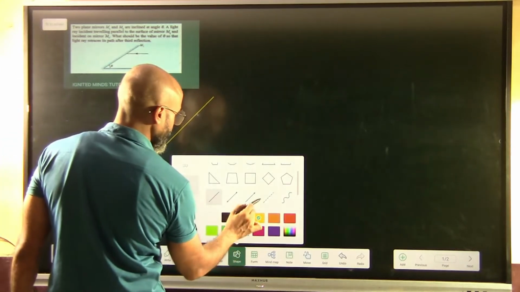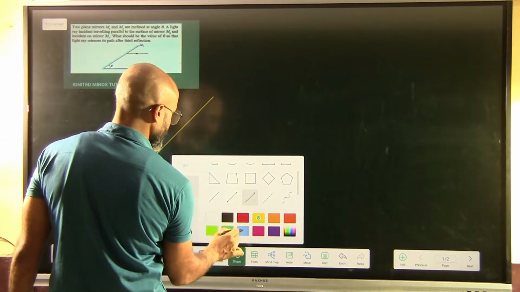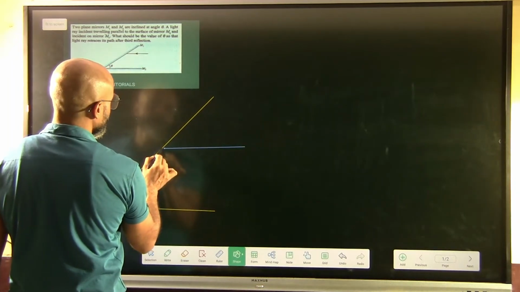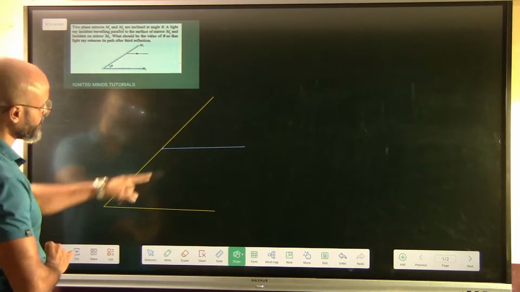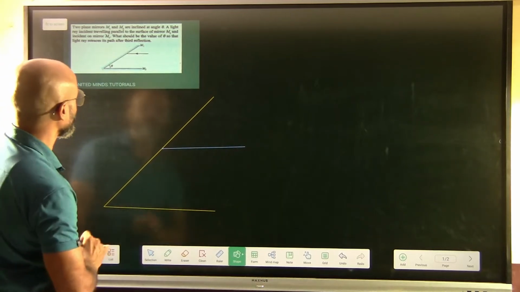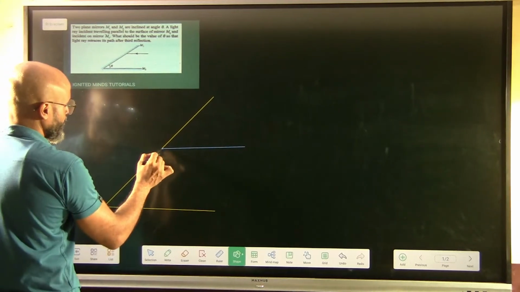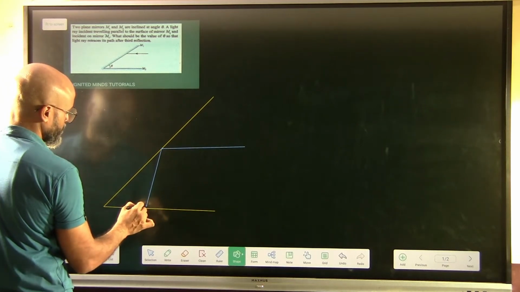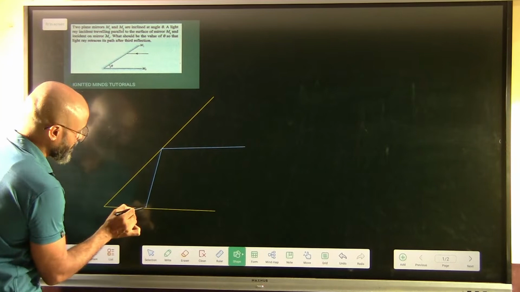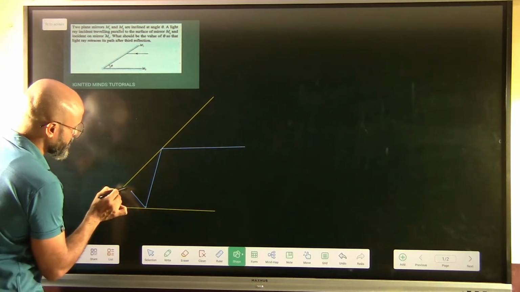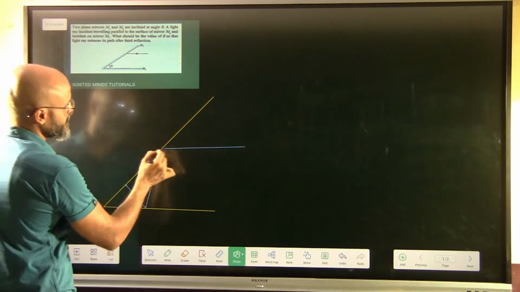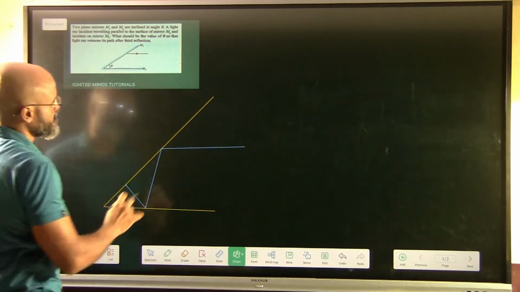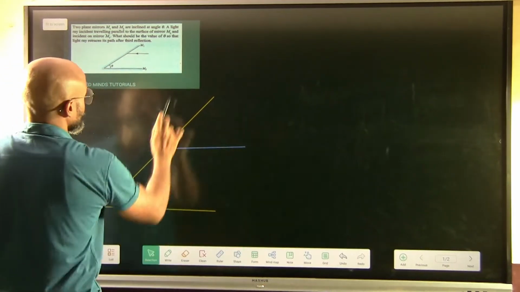We have a ray of light incident like this, parallel to M2. After reflection the ray will move in this direction, and this would be the third reflection. This is the first, second, and this will be the third.